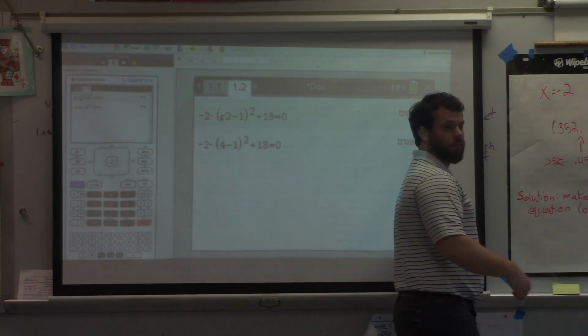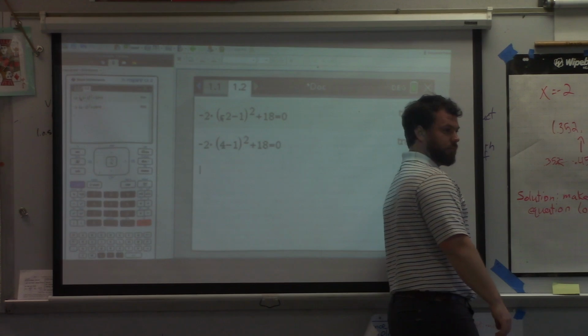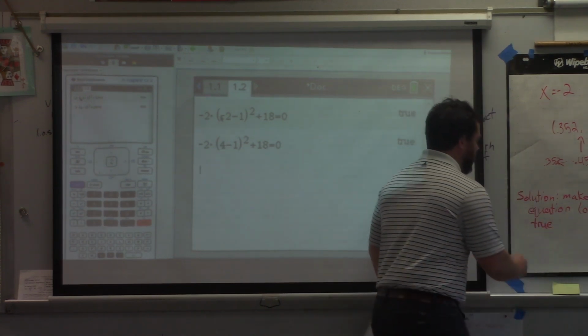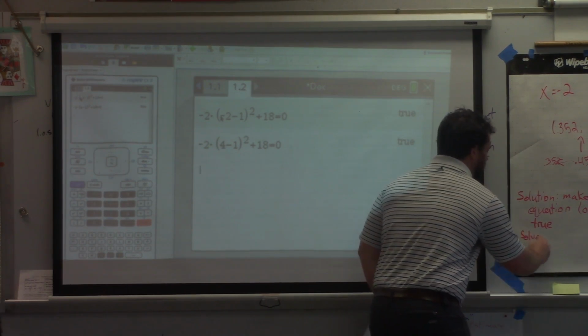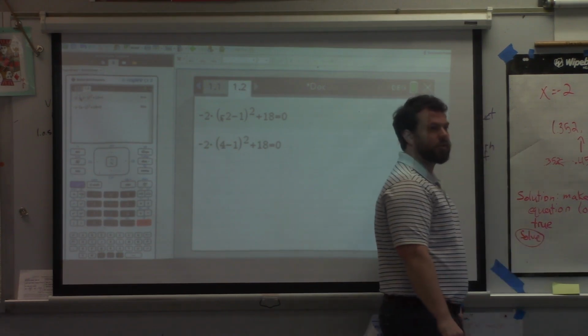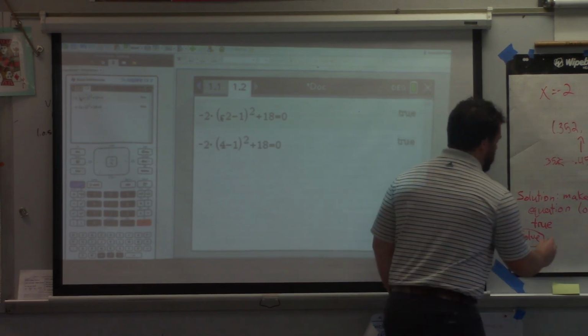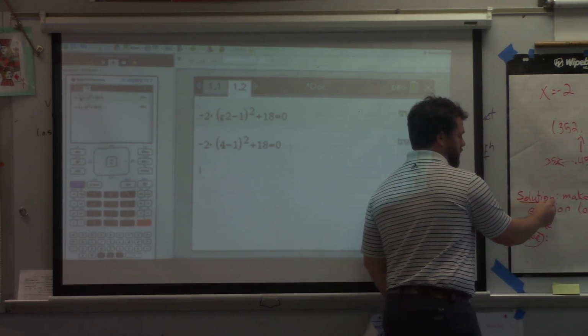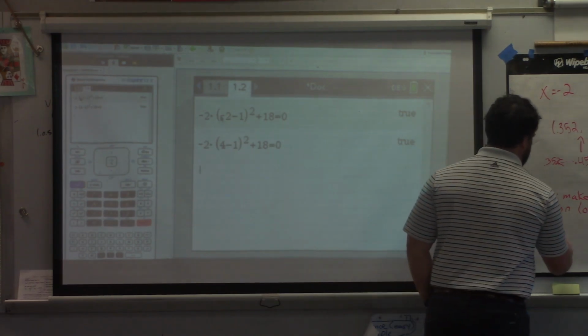X is greater than 4, 3x plus 7 is less than 8. It's all about making it true. So when you are asked to solve, what does it mean to solve? Find what makes the equation true, so find the solutions.